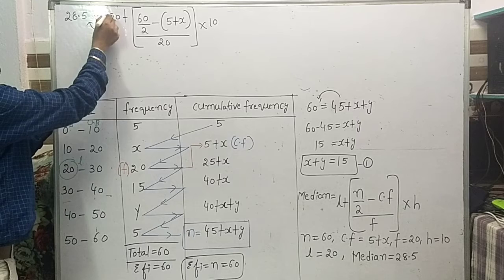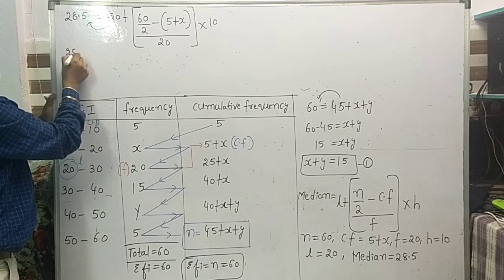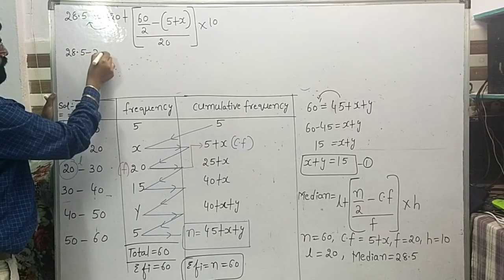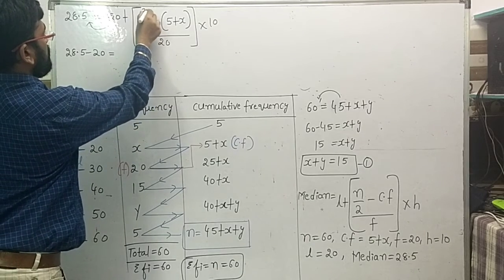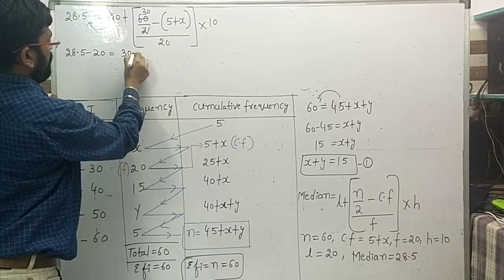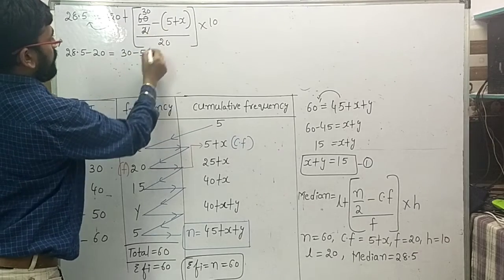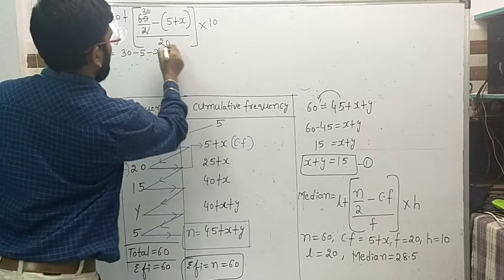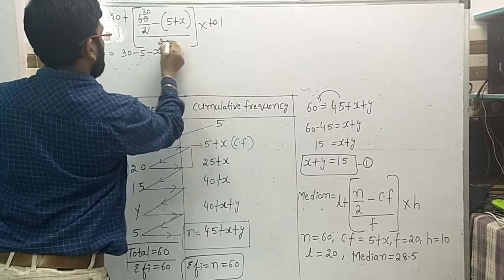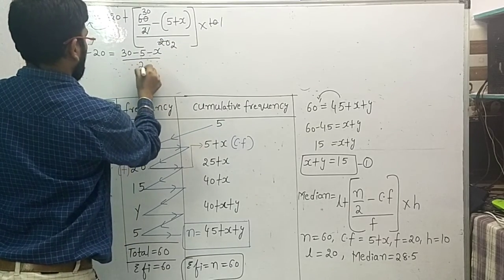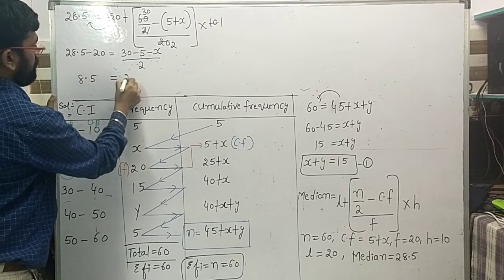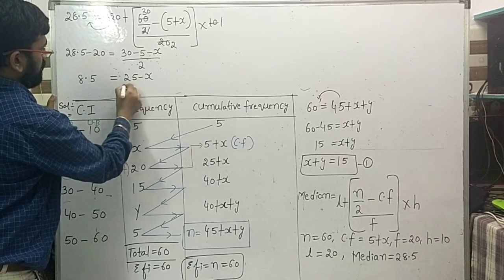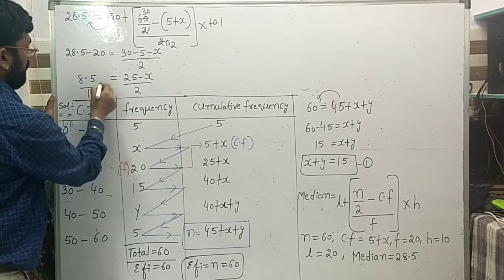Now send this 20 to the other side: plus 20 becomes minus 20. 28.5 minus 20 is 8.5, which equals 30 minus 5 minus x, by 10 ones are 10, twos are by 2. Here 8.5 equals 25 minus x by 2 by 1.